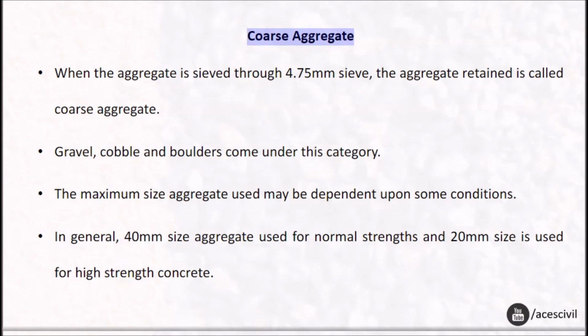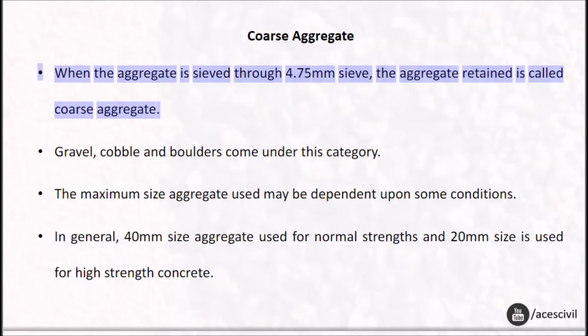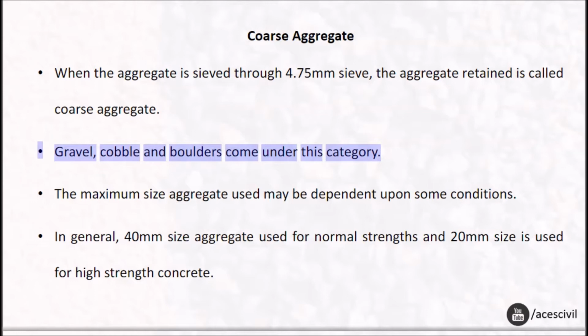Coarse aggregate. When the aggregate is sieved through a 4.75 mm sieve, the aggregate retained is called coarse aggregate. Gravel, cobble and boulders come under this category.